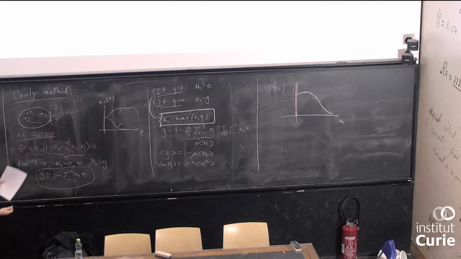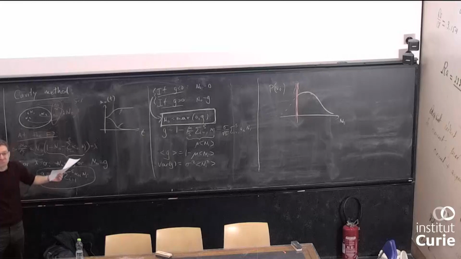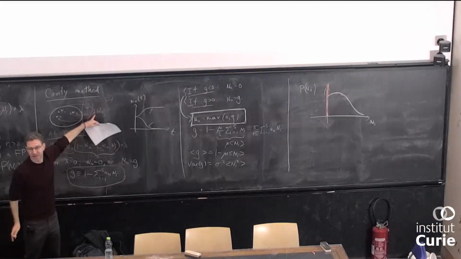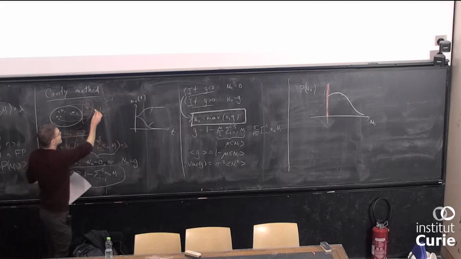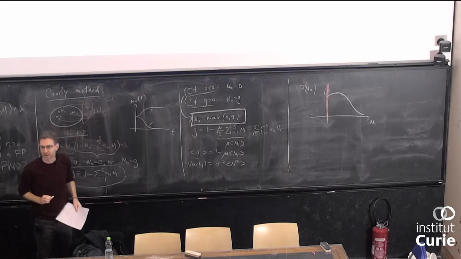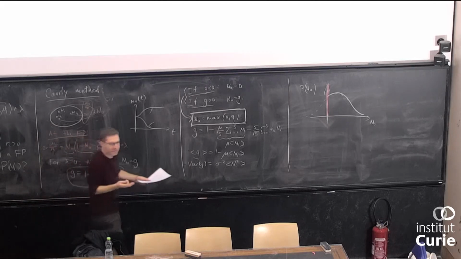But I could think of this larger system as a system with S plus 1 species. Nothing is very special about this N0 that I added once I added it. It has the same properties as these species here. It's just one of them.